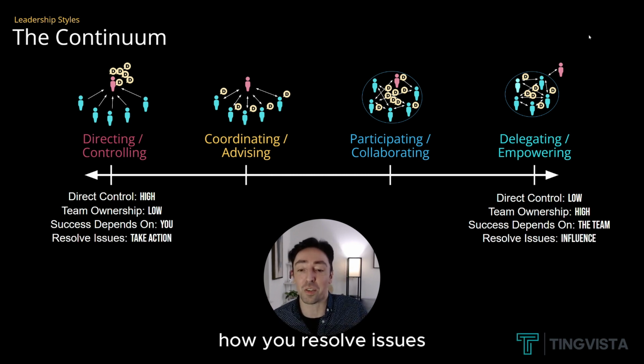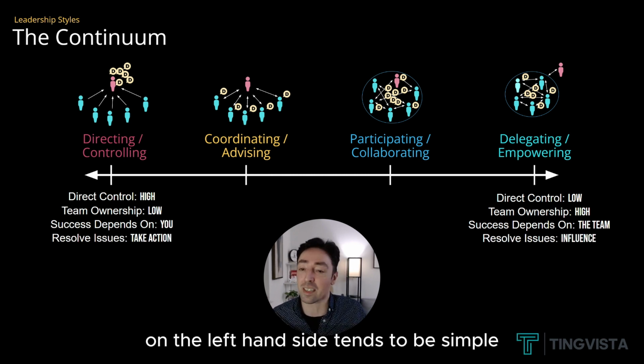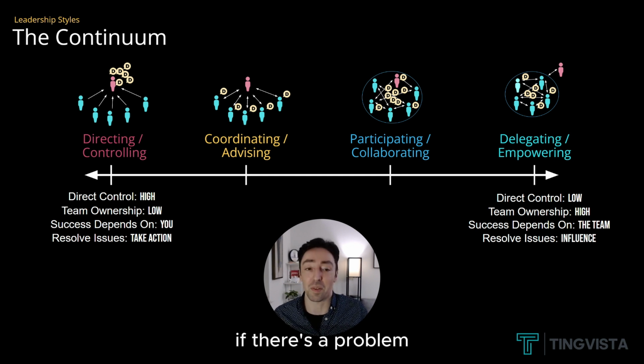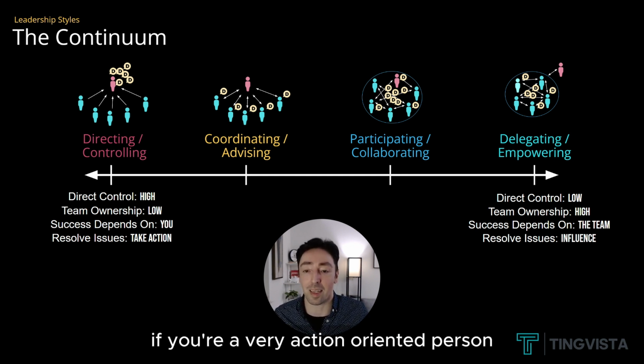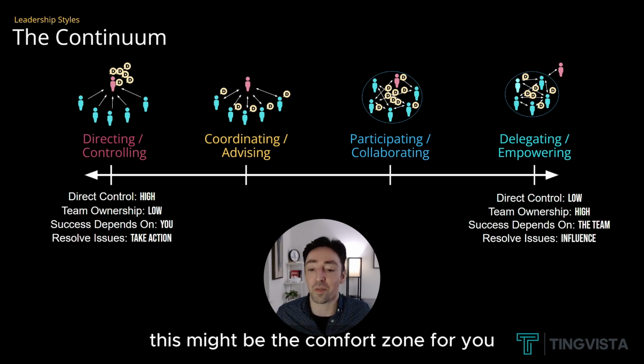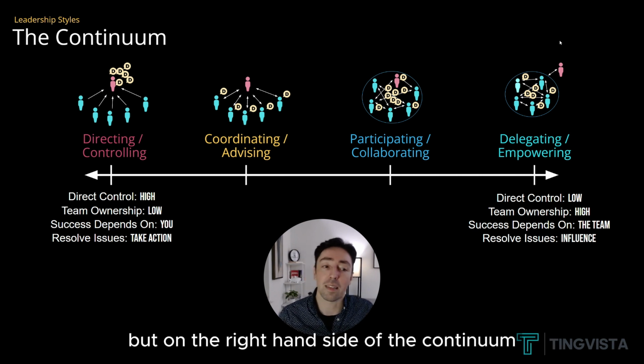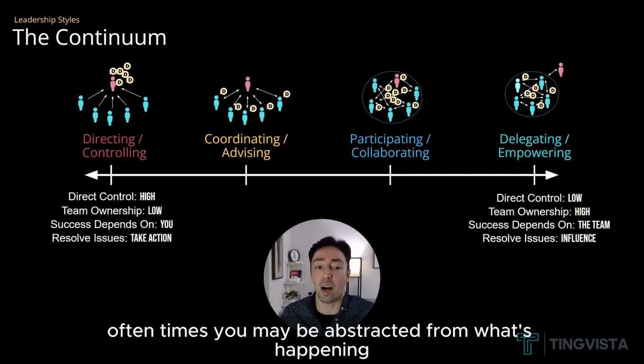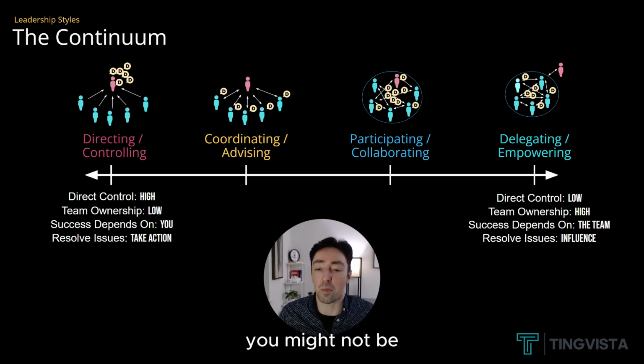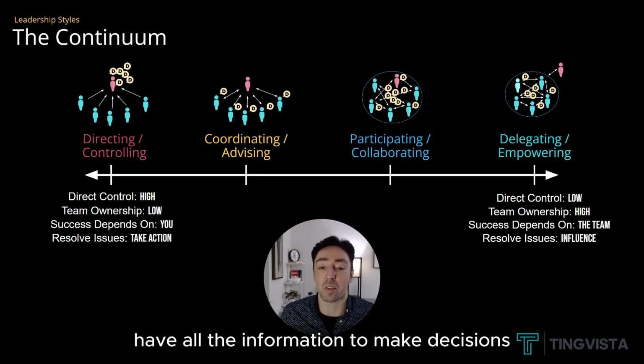How you resolve issues on the left-hand side tends to be simple. If there's a problem, do something about it. If you're a very action-oriented person, this might be the comfort zone for you. I'm just going to do something about it, and that's great. But on the right-hand side of the continuum, oftentimes you may be abstracted from what's happening. You might not have all the information to make decisions.